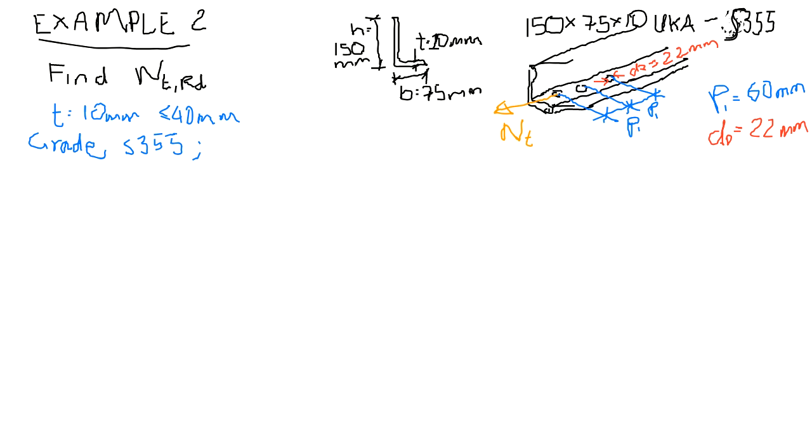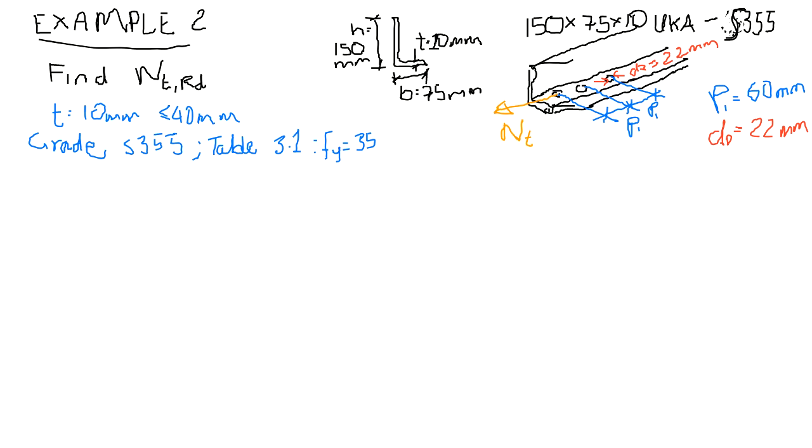So then table 3.1 in Eurocode 3 part 1 part 1 will tell us that Fy is equal to 355.